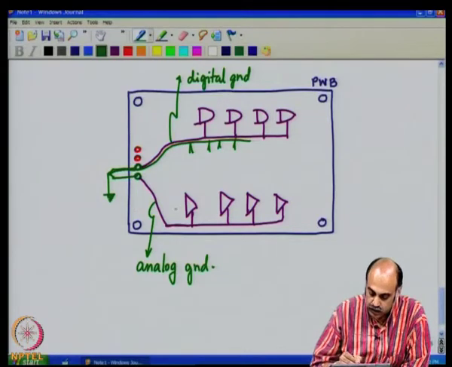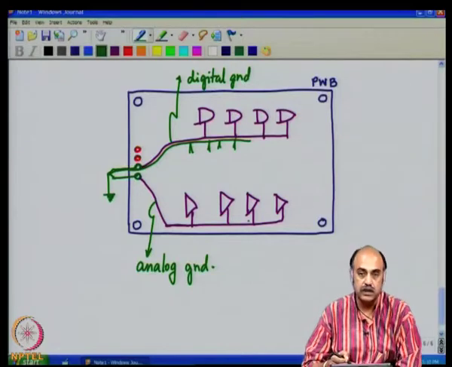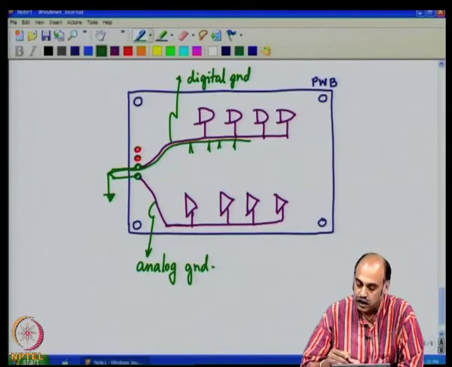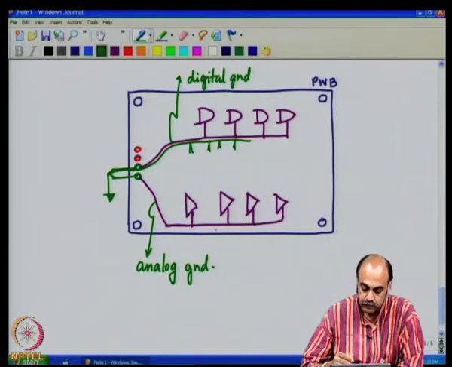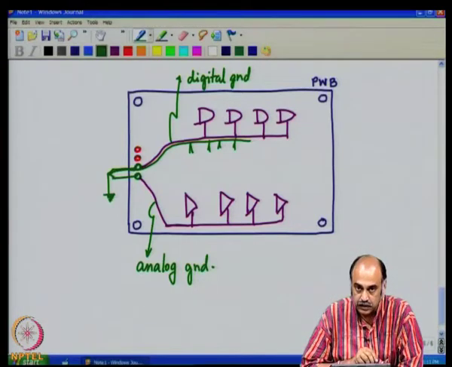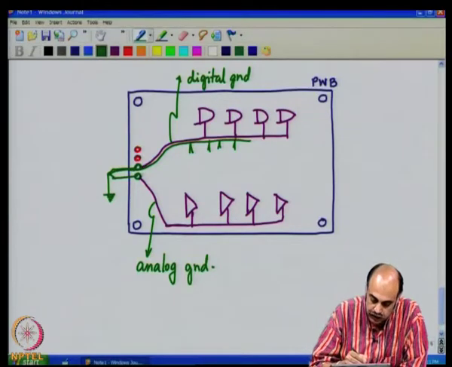They are no way going to flow in the analog part of the ground and disturb the sensitive analog circuit. Analog circuits are very sensitive to ground instability, and you can have very quick deterioration in the performance if you make connections of the digital and the analog grounds within the PCB. At most you can connect it here.